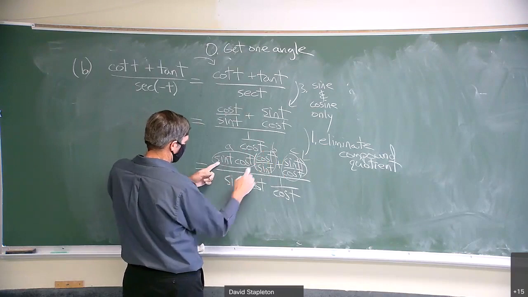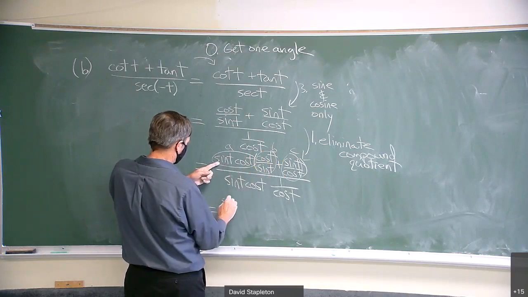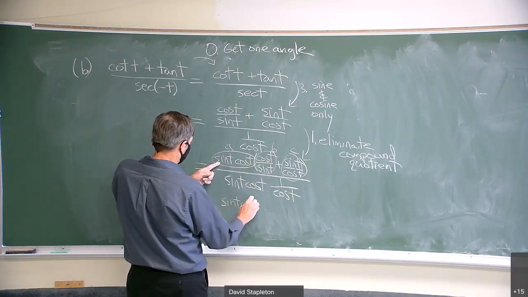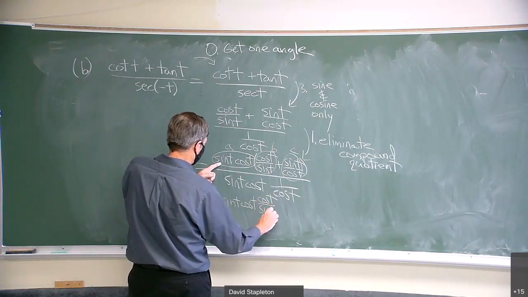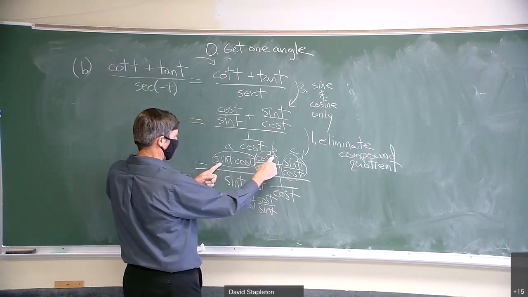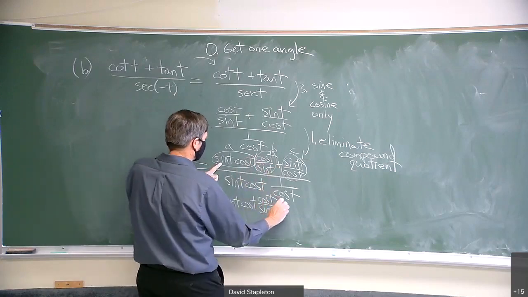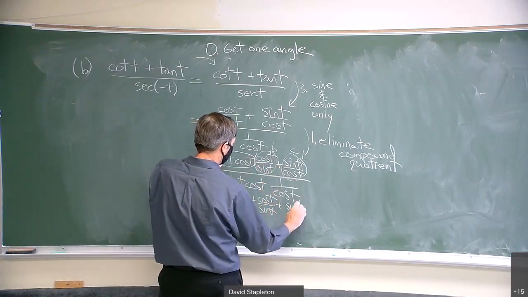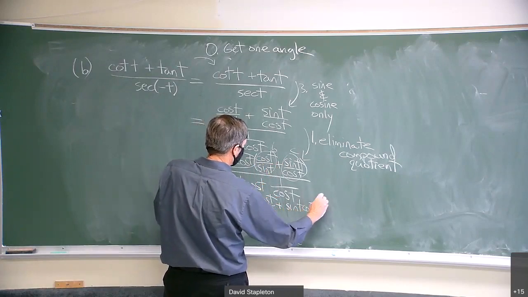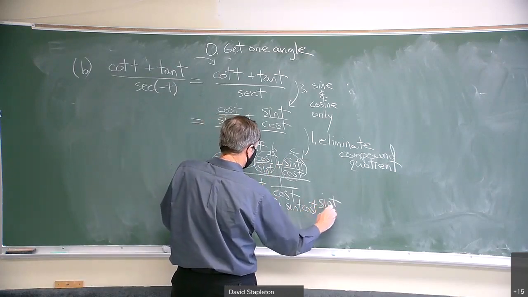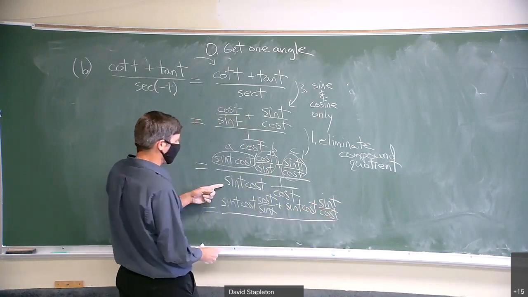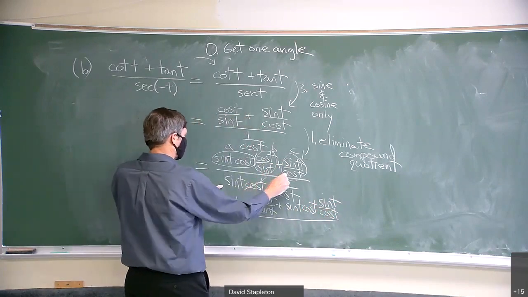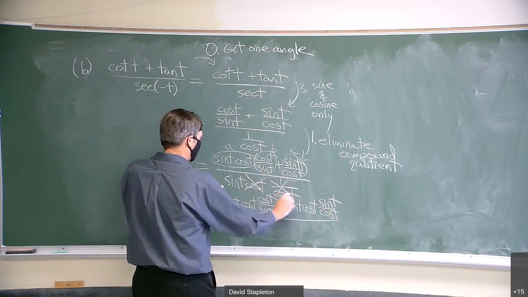So sine cosine times cosine over sine. That's a times b. And then I take this times this and add it to it. Sine cosine times sine over cosine. So it looks like it's making it worse for a while. Now on the bottom, I'm luckier because the cosine and the 1 over cosine cancel. And I just have sine.